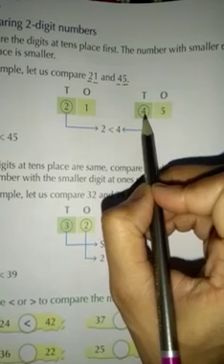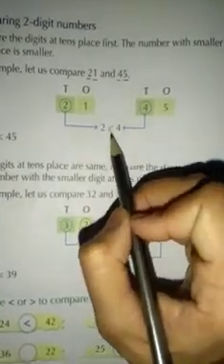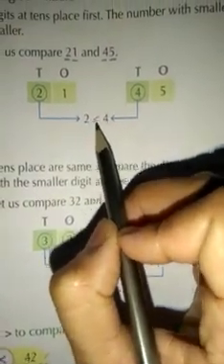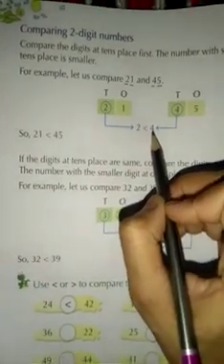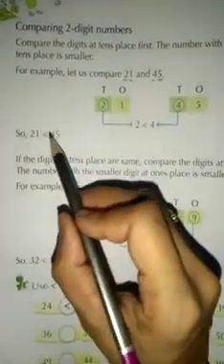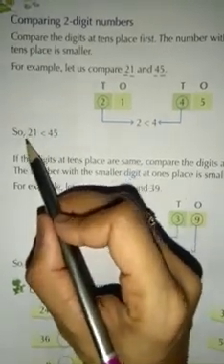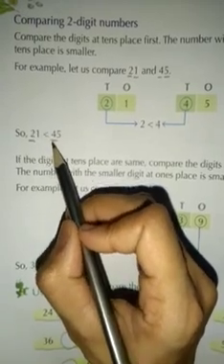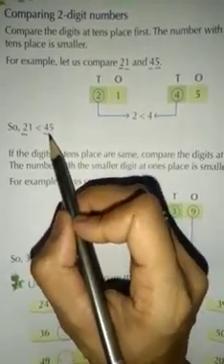Now which is bigger? 2 is bigger or 4 is bigger? 4. 4 is greater than 2. So from here we can find out that 21 will be smaller than 45 because 2 is smaller and 4 is greater. So the greater than sign will be towards 45 because 45 is greater.